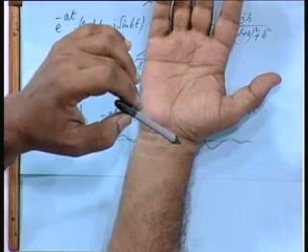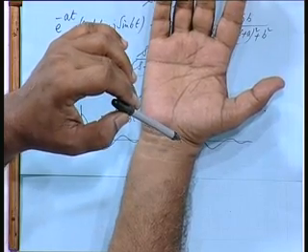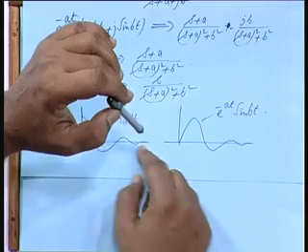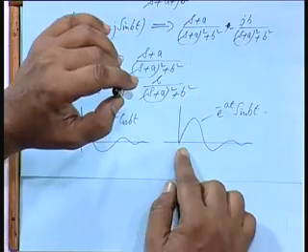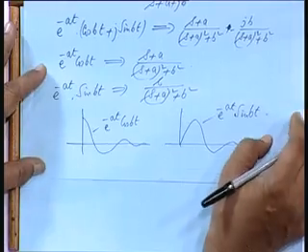If you start your camera when it is in the maximum position, then it will be a cosine function. You move the paper, it will be describing this. If you start from the central position, then it will be this one. So, both are basically representing a damped sinusoid. So, today we will stop here, we will continue with this in the next class.